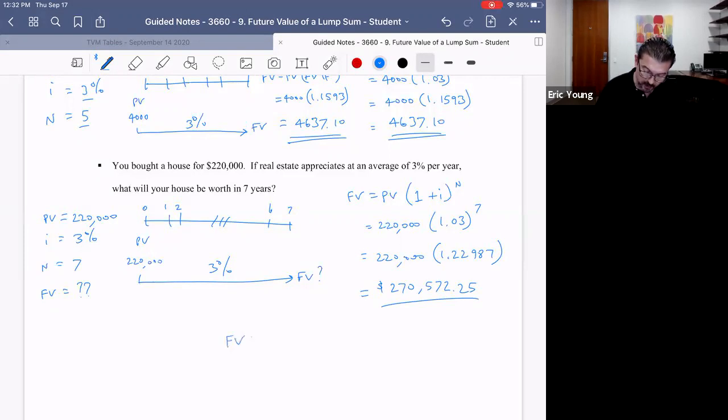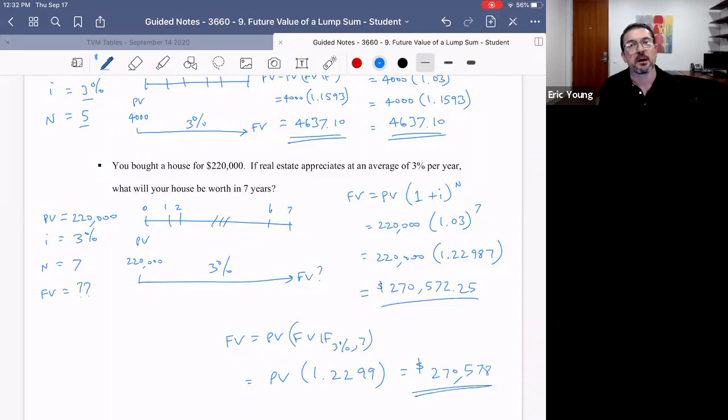You could also, if you wanted to skip all the exponent work, just go to your tables. The future value is equal to the present value multiplied by the future value interest factor for 3%, 7 periods, which will be equal to the present value times 1.2299, and that would solve out to $270,578.